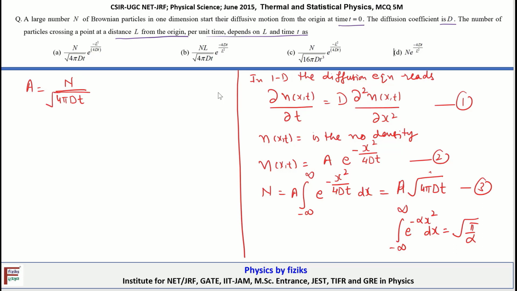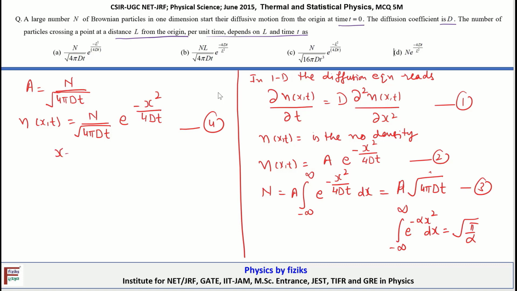That's the value of the constant A. Therefore the solution 2 reduces to n(x,t) equal to N upon root 4 pi Dt exponential minus x square upon 4Dt. So that's the general solution. Let me call this equation 4.